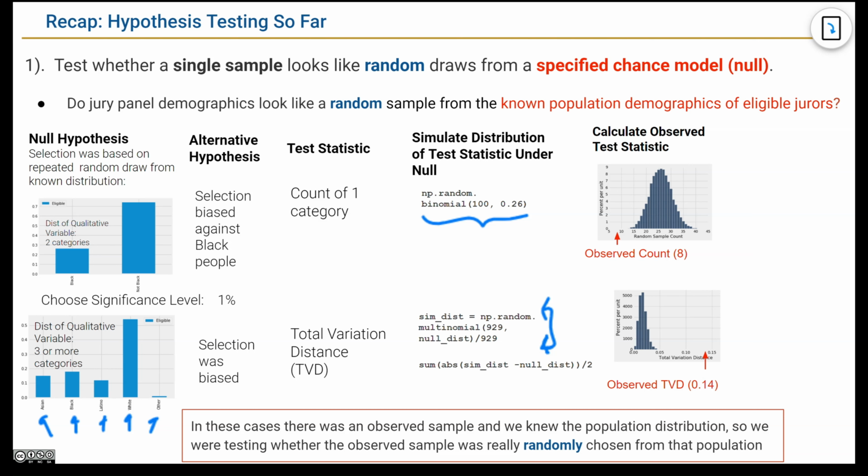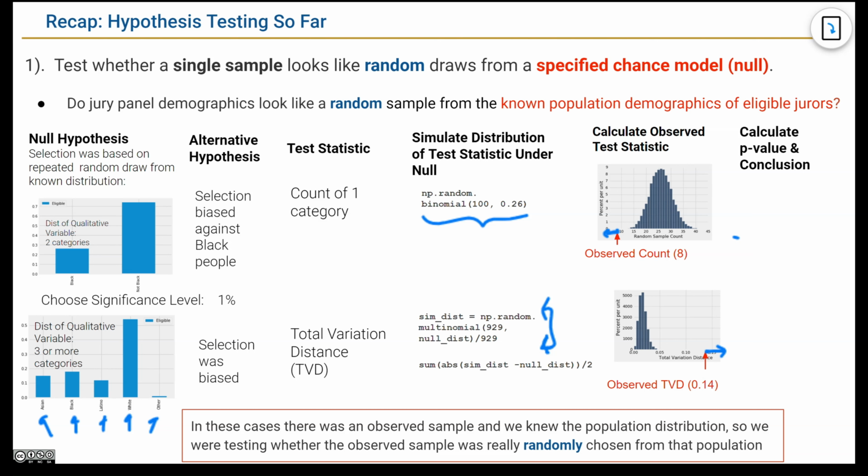In both of these cases, our observed test statistic was very much out in the tail of our null distribution, or our test statistic distribution, which leads us to become very skeptical about our null hypothesis. So we calculate the p-value, and again, that's calculating the probability of getting 8 or less in this case, or the probability of getting 0.14 or more.